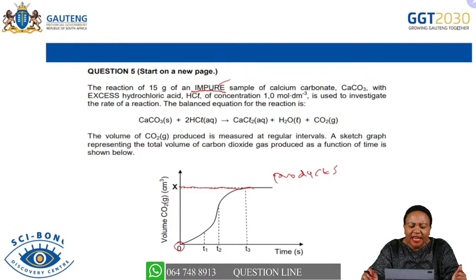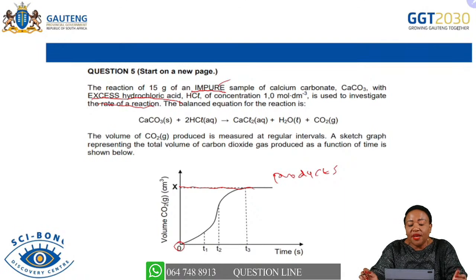So the reaction of 15 grams of impure sample of calcium carbonate, which is CaCO3, with excess hydrochloric acid, HCl, of concentration 1,0 mole per decimeter cube, is used to investigate the rate of reaction.